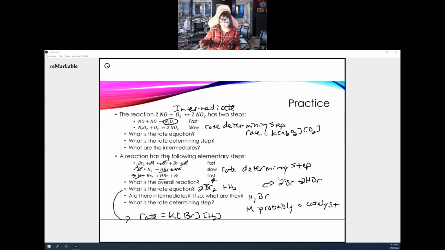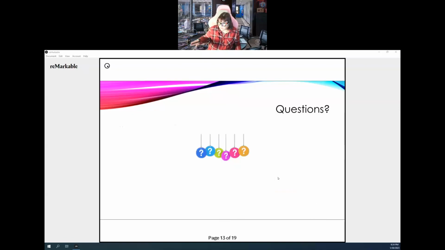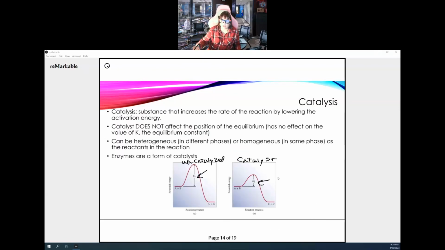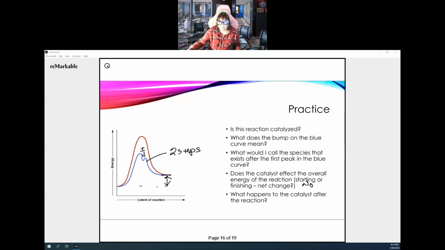That's what happens. And I said it might be a catalyst because it's not consumed during the reaction. We use it to do something, and then we get it back. So nothing happens to it. We get it back, and it's like nothing happened. As far as that is concerned, nothing did happen.